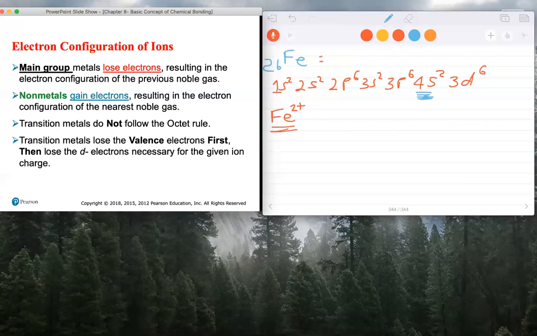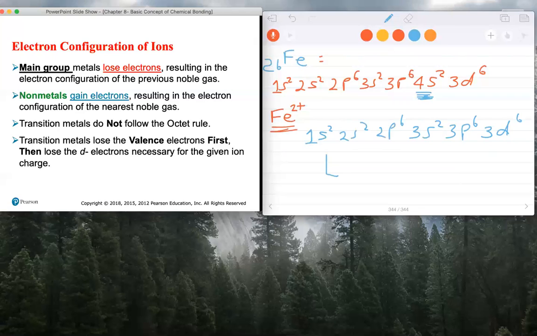So we will write the electron configuration for this as 1s2, 2s2, 2p6, 3s2, 3p6, and then 3d6. You have to know how you write the electron configuration for ions.